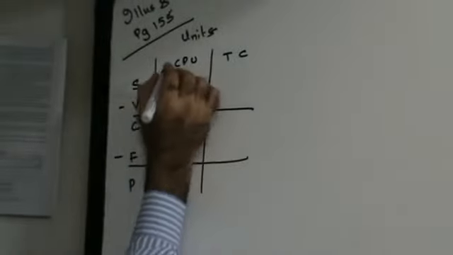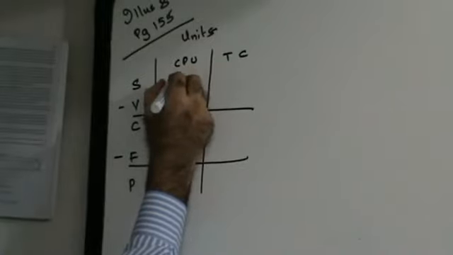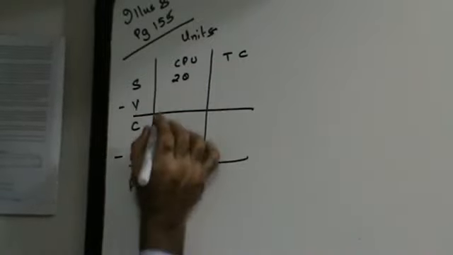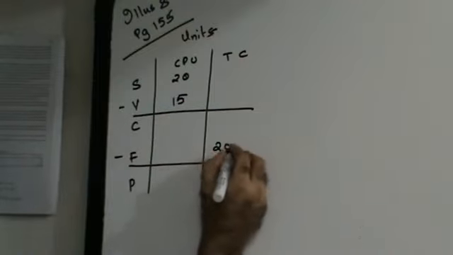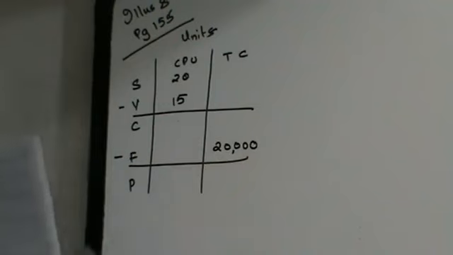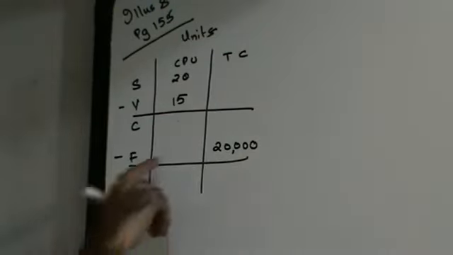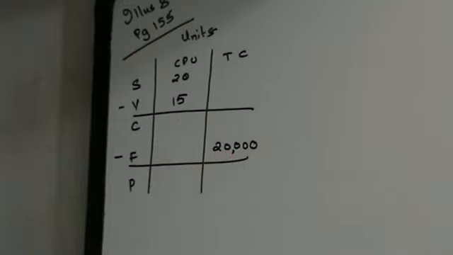Selling price per unit is given to you as 20. Variable cost is given to you as 15 and fixed overheads are given to you as 20,000. Why did I write fixed overheads in the total cost column? Because they haven't said it is per unit.